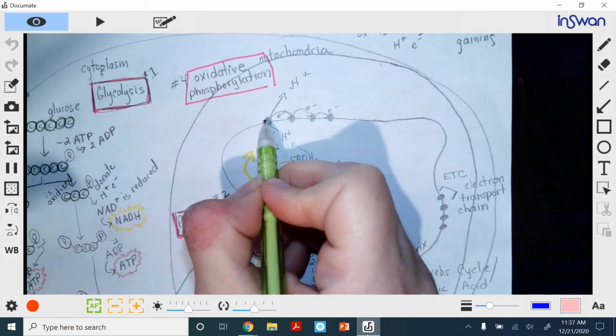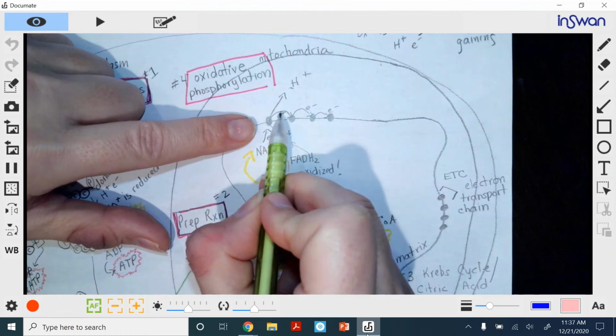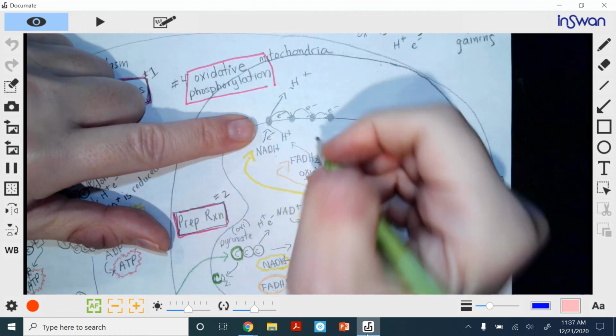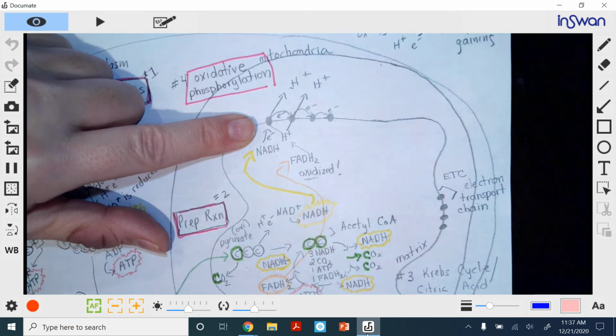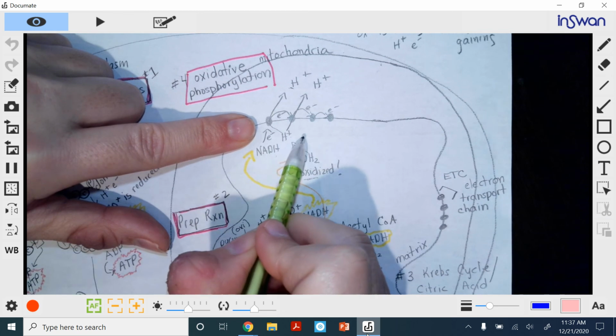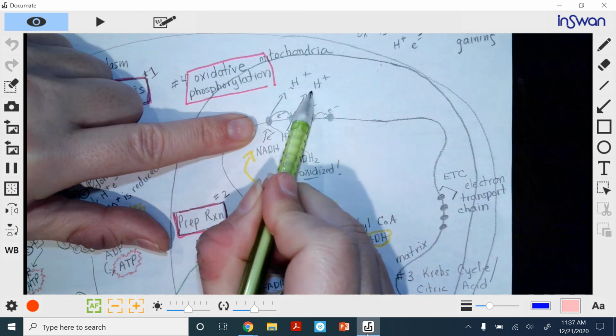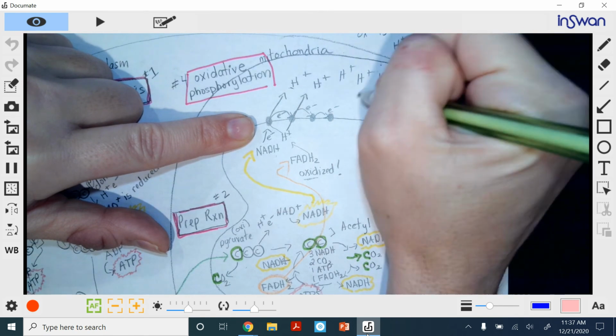So when electrons are passed down the electron transport chain, and this is the scientific way to explain it, protons, or you can say hydrogen ions, are moved out of the matrix and concentrated in the inner membrane space.